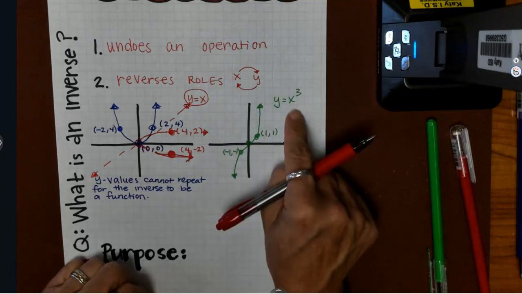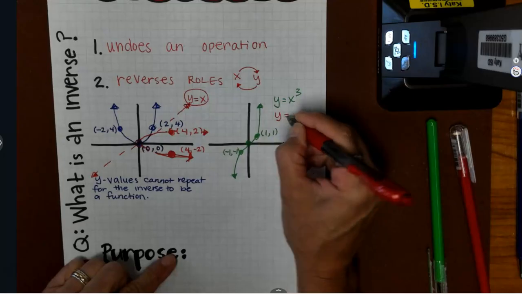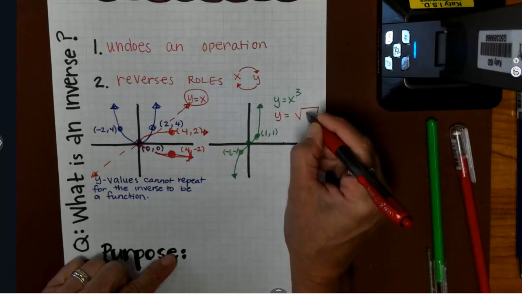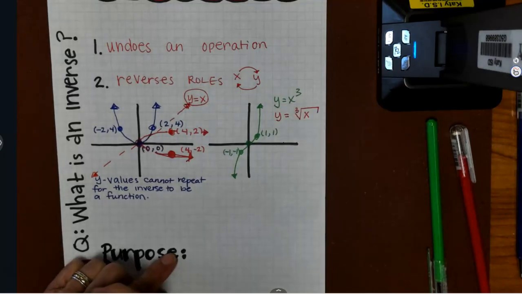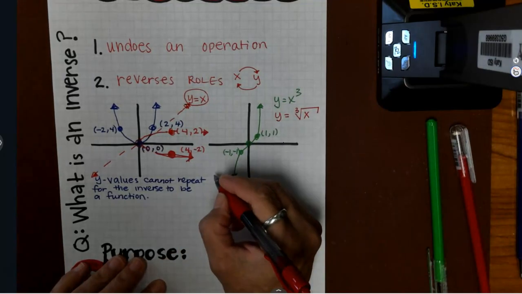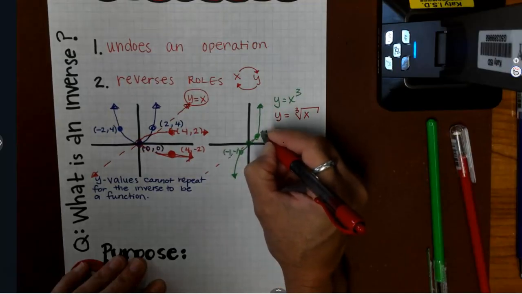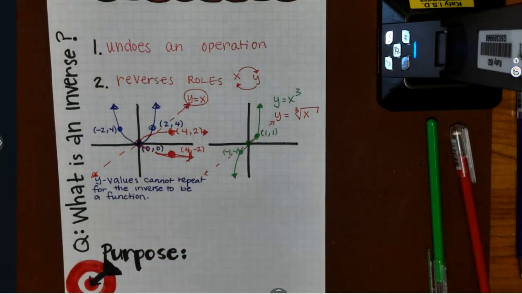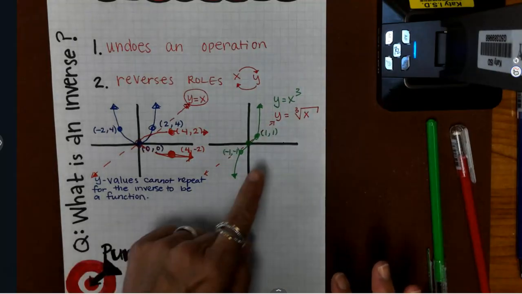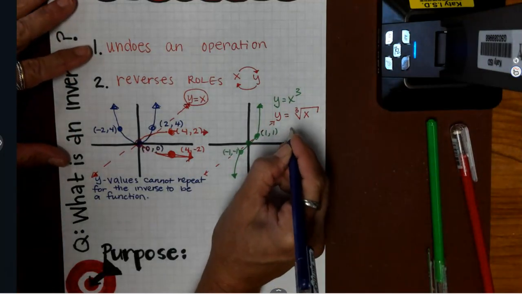Guys, the inverse has to exist for this. The inverse is going to be this, the cube root. So if I have a line of reflection right here, which is y equals x, then guys, your cubic root is going to go through these points, but it's going to look like this.